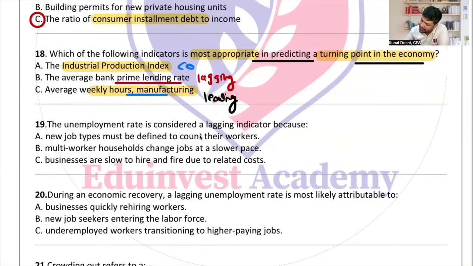The only leading indicator here is average weekly hours. All others are not leading. The good thing about leading indicators is they give the information before the other indicators. So the average weekly hours is a leading indicator and gives me information about something which is going to happen beforehand. Leading indicators are always the ones that tell you what is going to turn around.